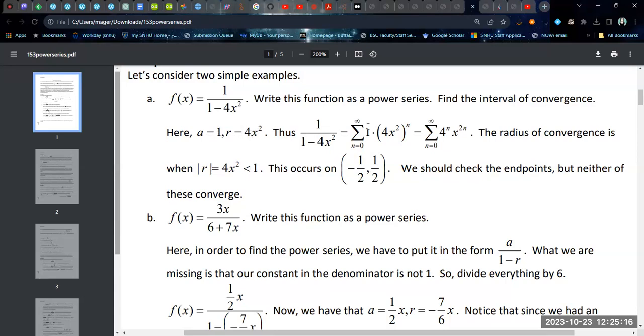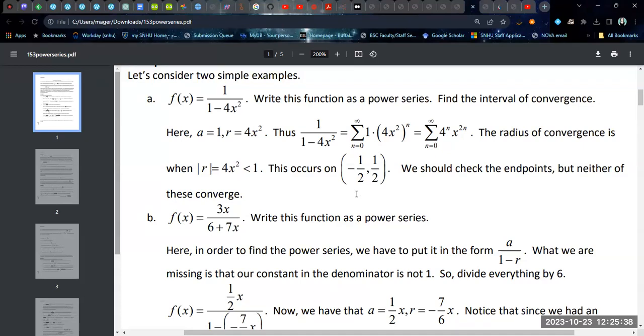And so we're going to plug in our a, where the a is in the formula, and the 4x squared in where the r was in our formula. And then we do some simplification. 4 to the n can come out, and then x squared to the n, raising powers to powers, you multiply the exponent. So you get x to the 2n.